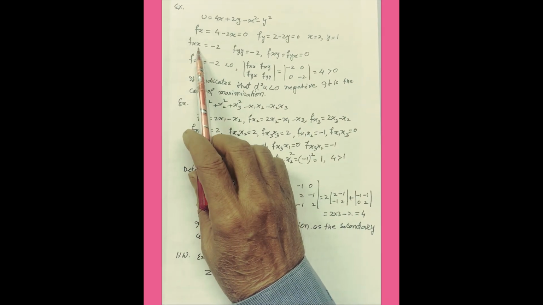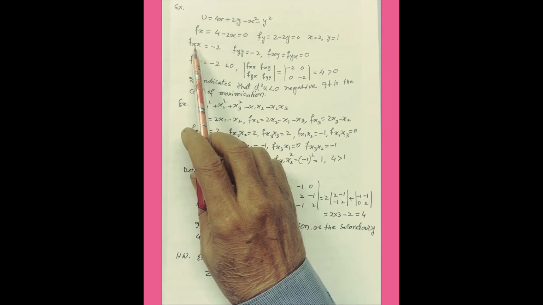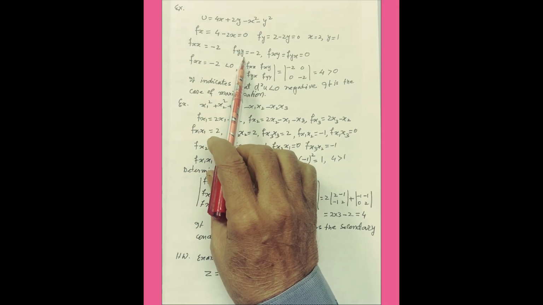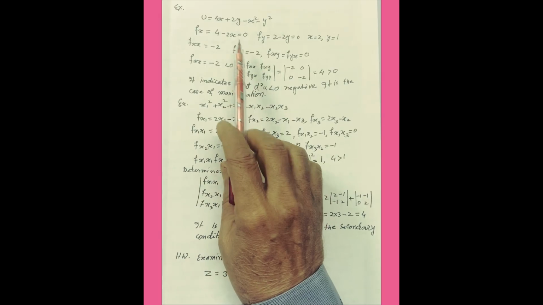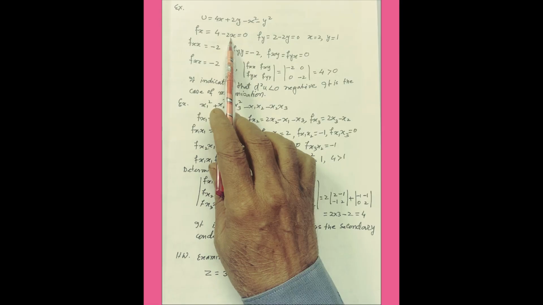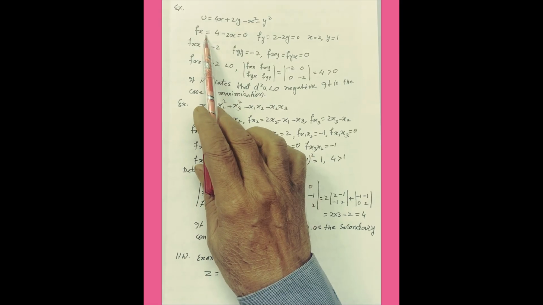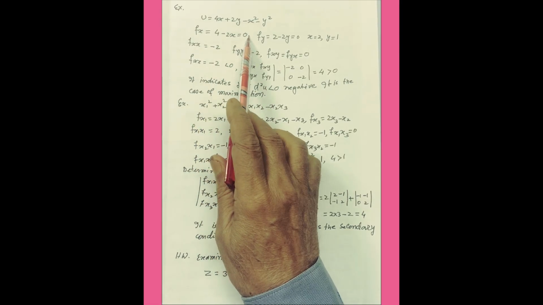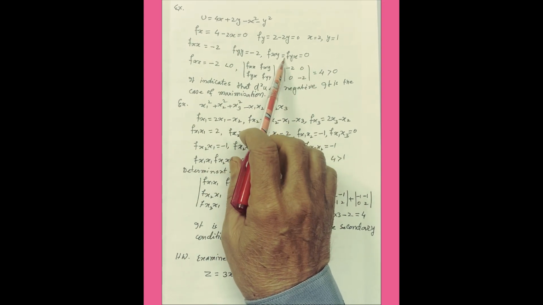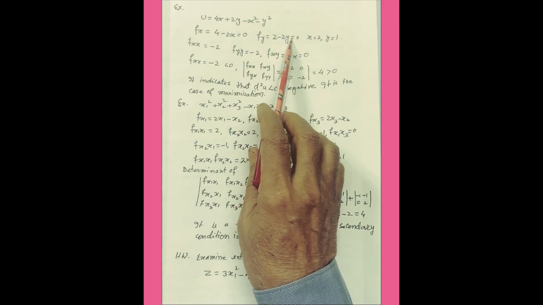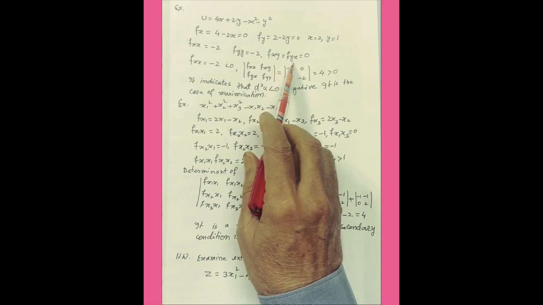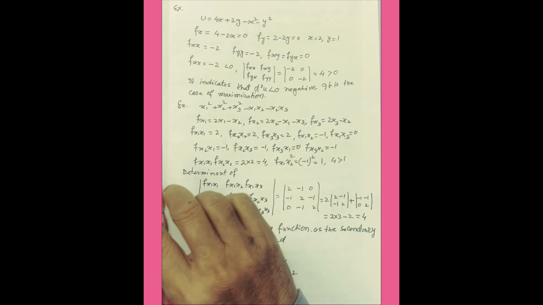Now what is the second derivative? Fxx is minus 2. Fyy, again minus 2. Fxy, fx with respect to y, and there is no y, because we will have to derive from this. So there is no y. It is 0. Similarly, fyx, there is no x, it is 0. So that's why fxy is equal to fyx is equal to 0.